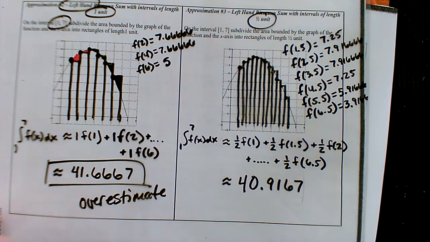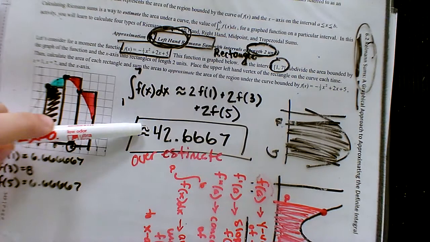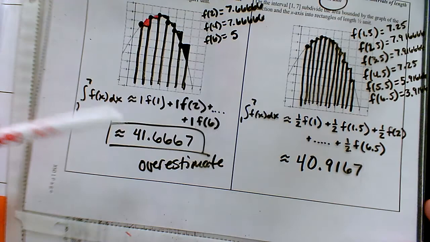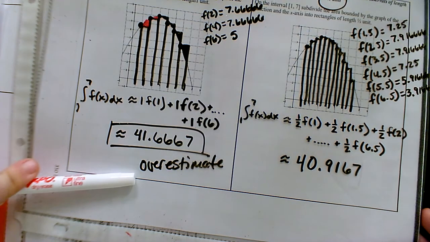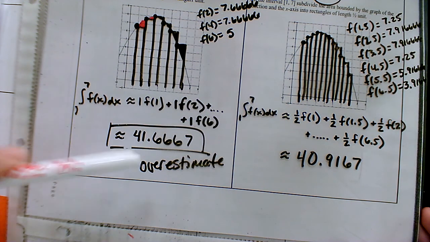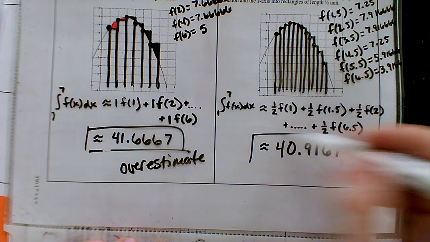I like that. Okay, so we can probably use the previous two as a gauge, like as to whether we're close or not. Notice how the first one was 42, and we said that one was an overestimate. The next one was 41. That was also an overestimate, but we said this one was better. So it shouldn't be more than 41.666. So I think this one makes sense.